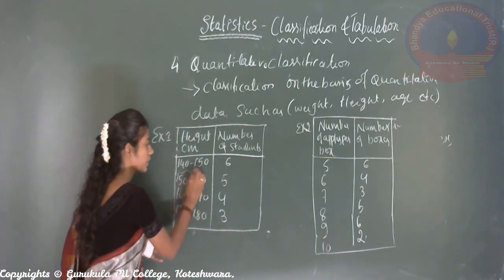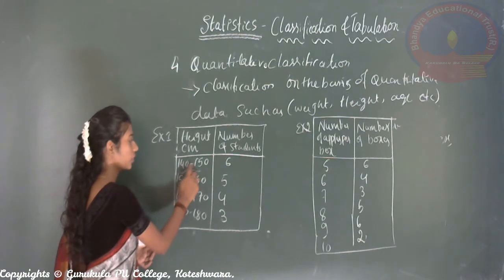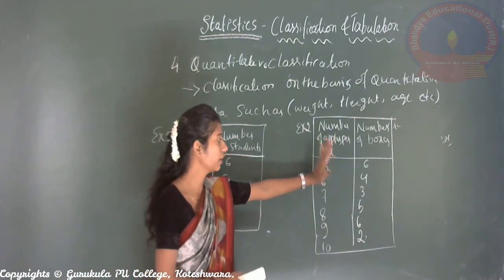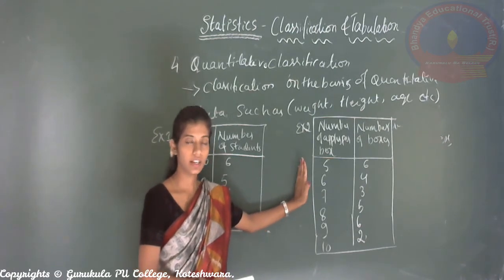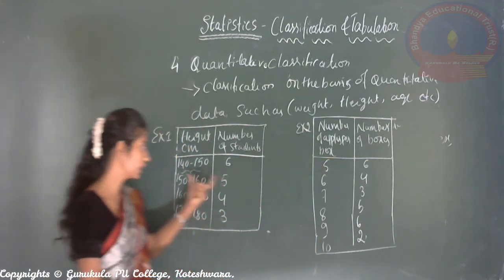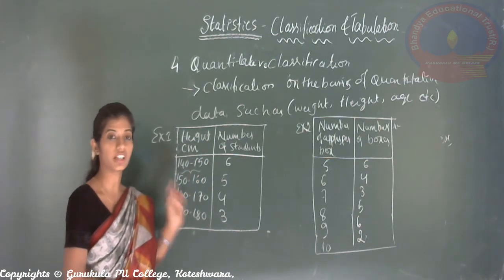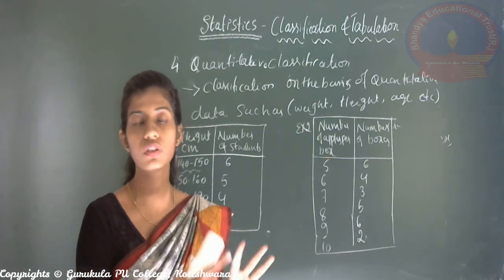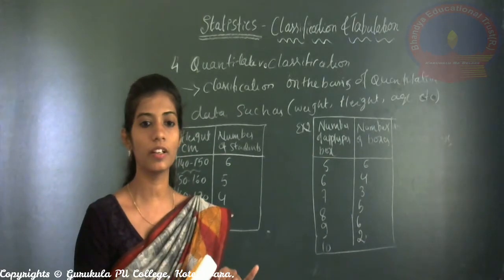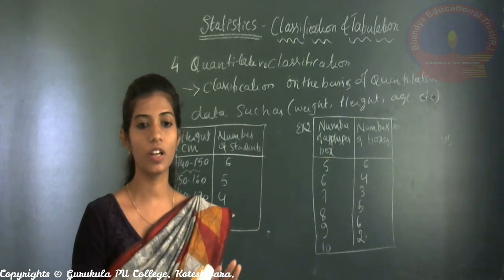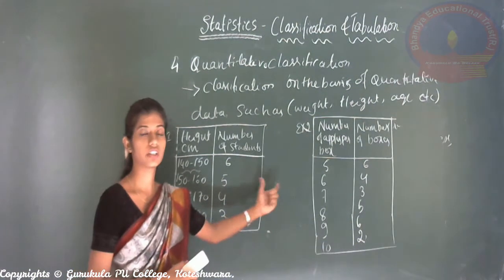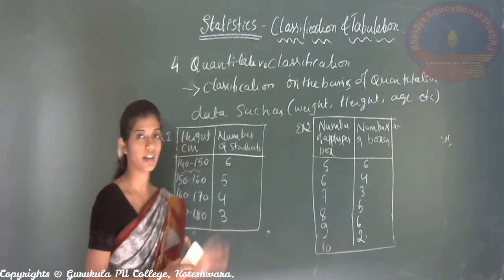In the first column I have taken 140 to 150, where there are two numbers, but in this example I have mentioned specific, single values. Here I have mentioned a range of 140 to 150, which means there are so many numbers in between. It may be 141 or 142 or 142.5, like that it goes on increasing. So these two distributions are not the same.